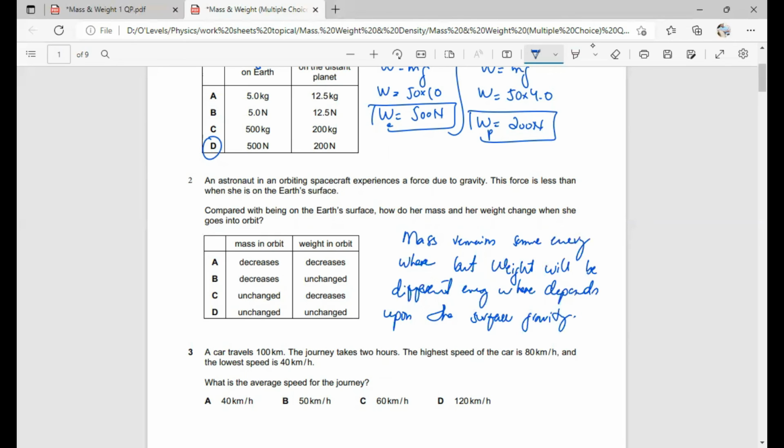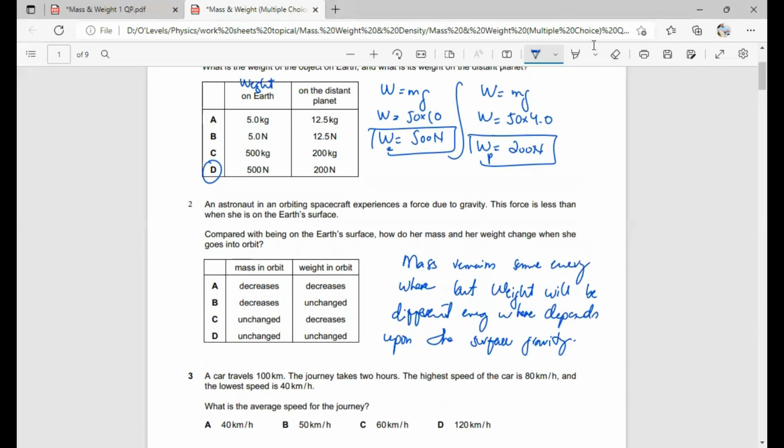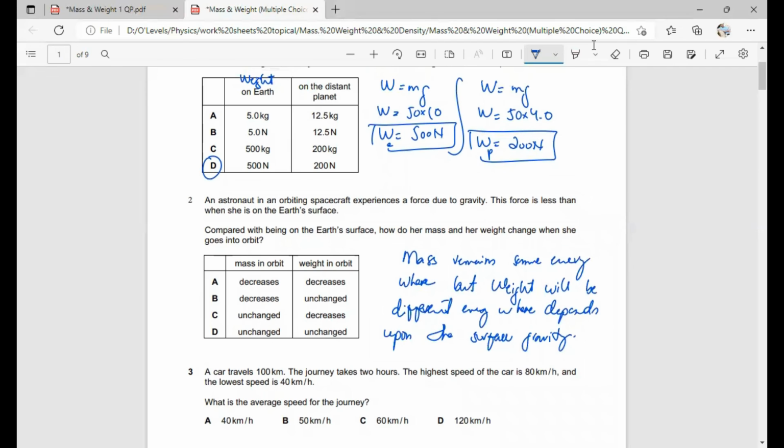Got it? As we see, for the same object the mass is the same, 50, but the weight becomes different. On Earth it is 500, and on the other planet it is 200. So remember, mass remains unchanged, but weight will decrease if the gravity value decreases. Okay?